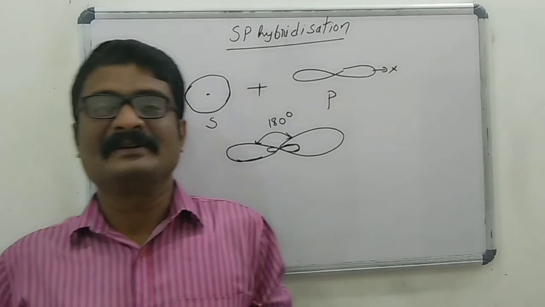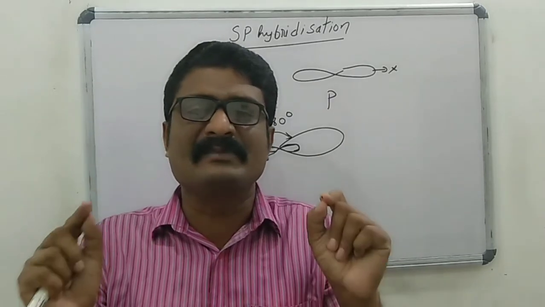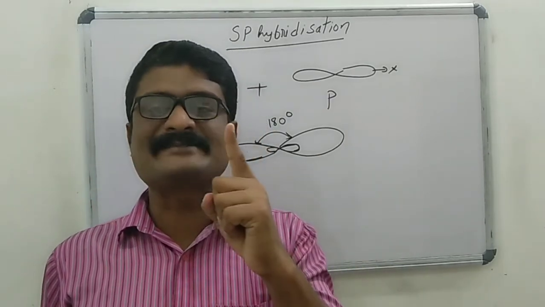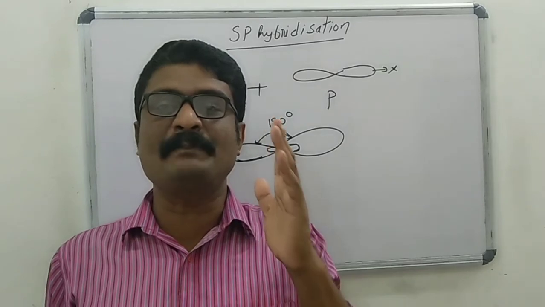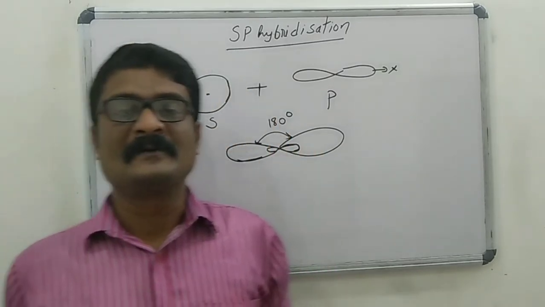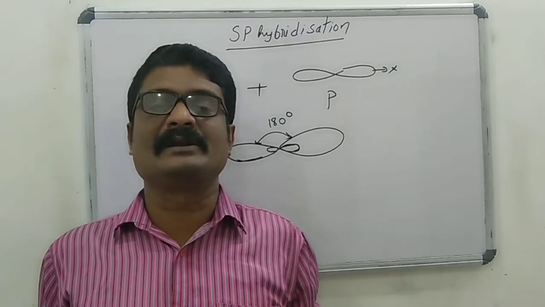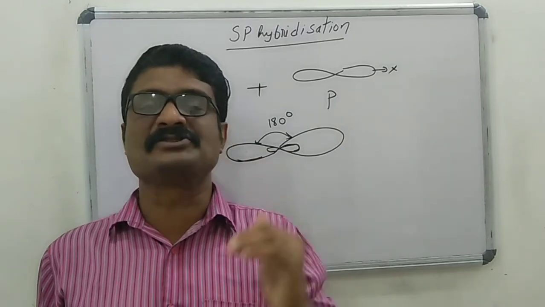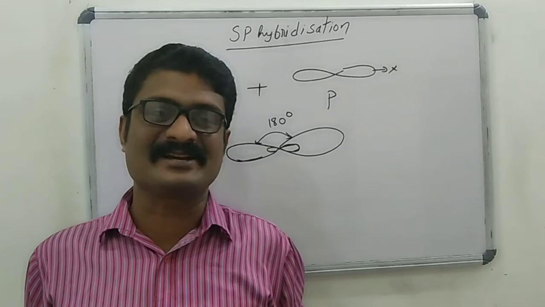Then the intermixing of one s orbital and one p orbital to form two hybrid orbitals of equivalent energy is called sp hybridization.